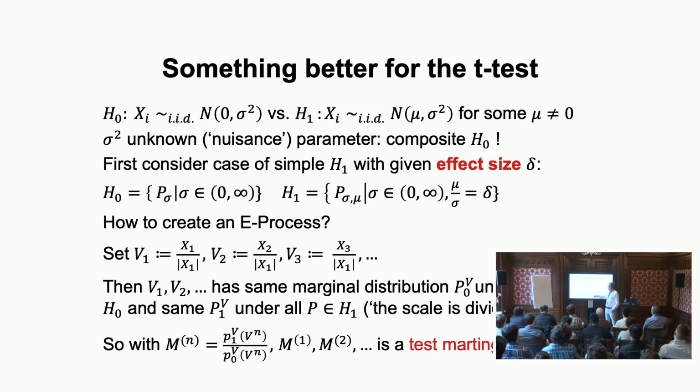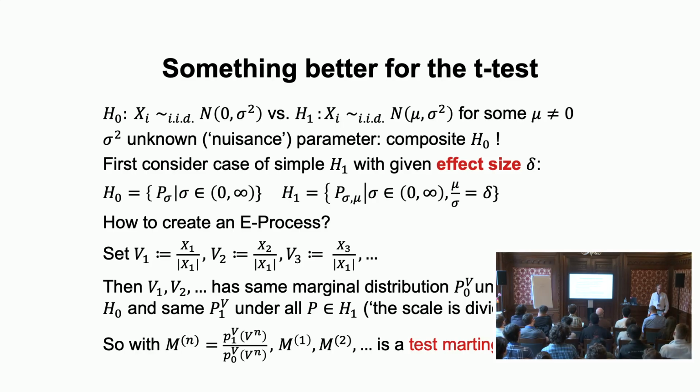Now, the cool thing is that all these things are now scale-free, in the sense that if you measure your outcomes in kilograms or pounds, normally the data would be different, but now it's the same, because the unit of measurement has disappeared if you divide everything by the same data point.